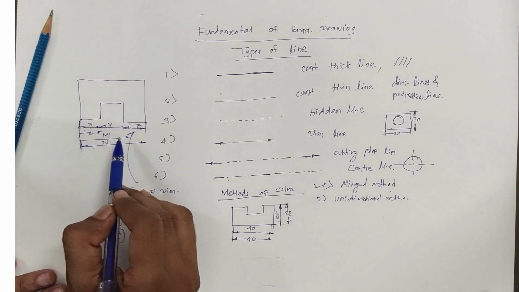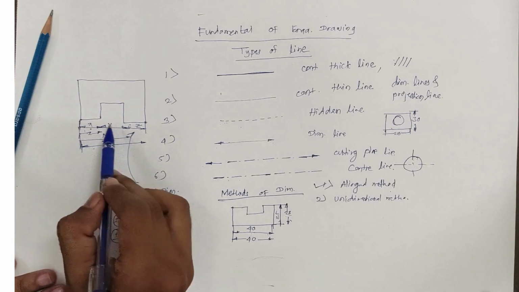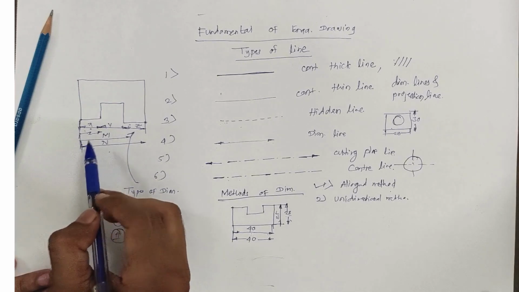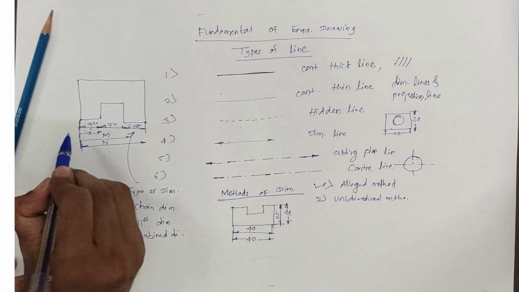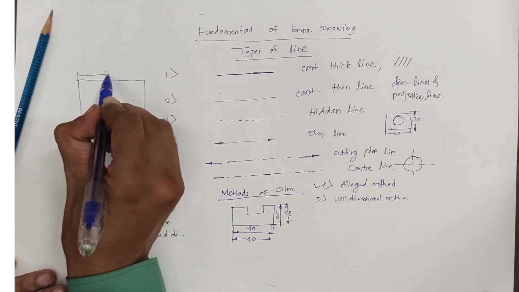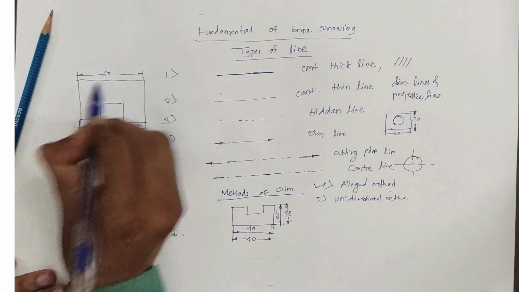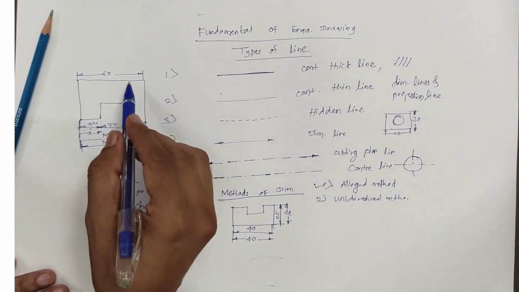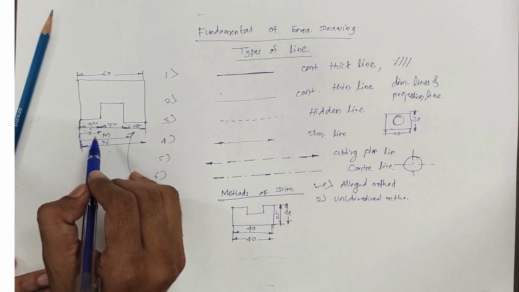But we should follow some rules of graphics. Dimensions should not be repeated. Here 20, here 20 and 20, so 60 is there, and if you again give 60 over here, that is not allowed. So dimensions should not be repeated, always remember this.